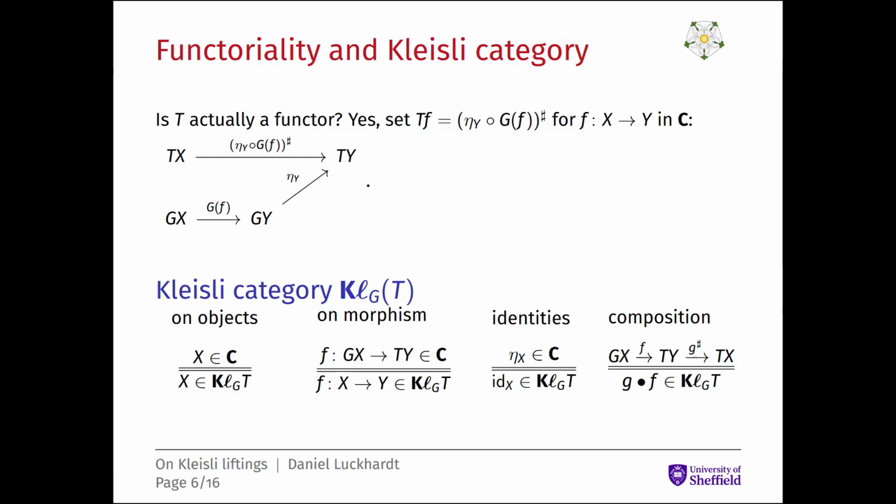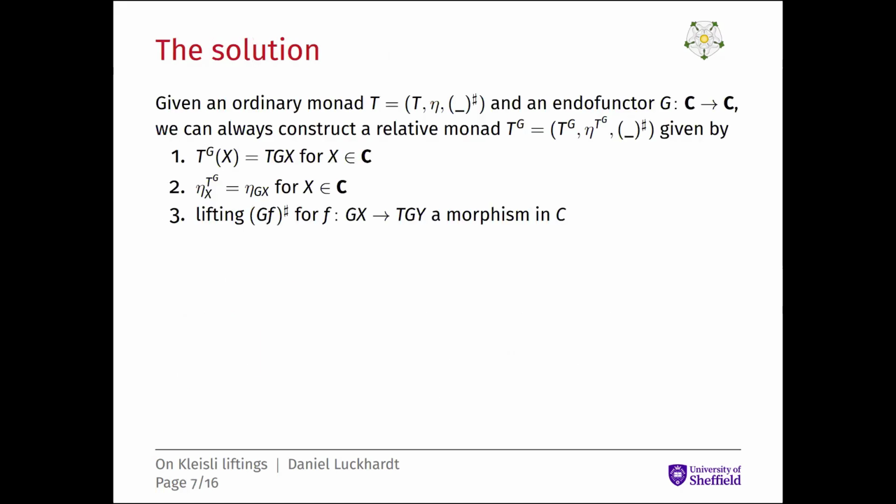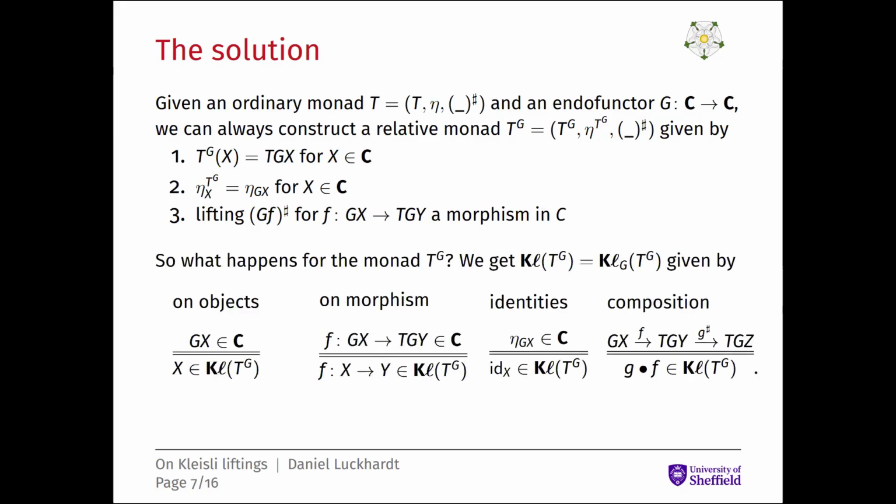Well, okay, now of course the question is, are there nice examples, or how do we get relative monads? So actually it's quite easy. Whenever you have an ordinary monad T and some endofunctor G, you can cook up a relative monad, which is defined on objects not as T X but T G X. And then you can adapt all the other structures.